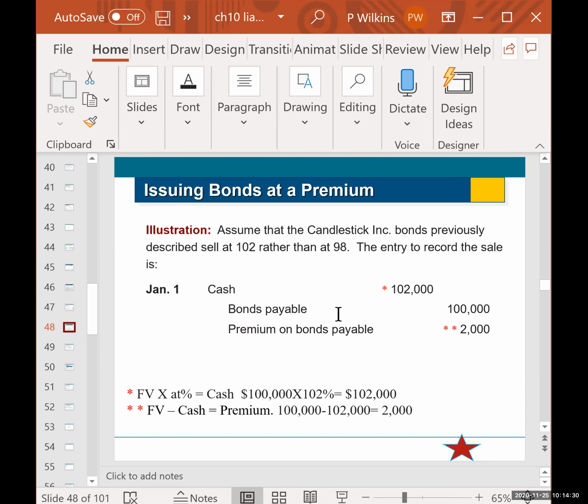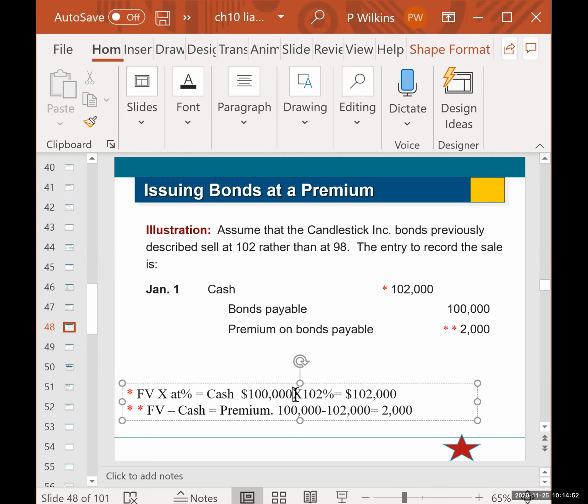Okay. So assume that Candlestick Incorporated bonds previously described sell at 102 rather than 98. So by now you should know that 102 means 102% of face value, right? So the entry to record the sale is, so the way we get our cash number is face value times the at percent, right? So the face value is $100,000 times 102% gives us $102,000, and that's our cash, okay?